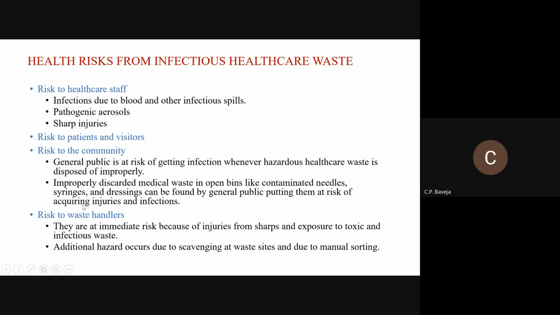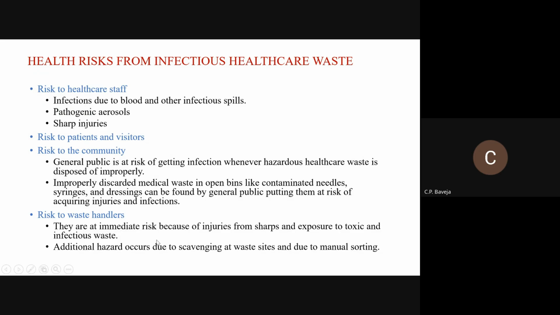And then risk to waste handlers. Waste handlers are those who handle biomedical waste in the hospital or healthcare facilities. They are at immediate risk because they are handling it, from injuries from sharps and exposure to toxic and infectious waste.